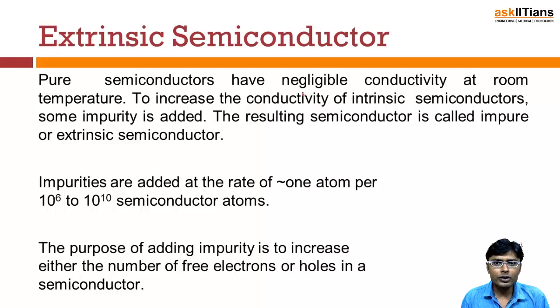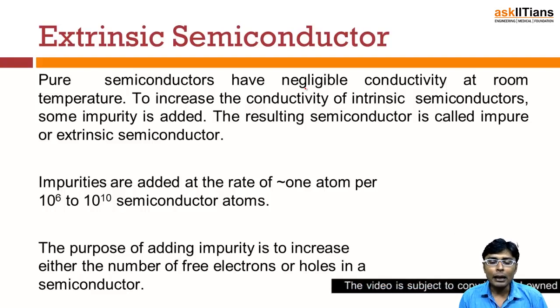Now why? Because at room temperature, almost all the valence electrons of the silicon atoms are bonded with the neighboring silicon atoms. That means at room temperature we do not have free electrons for conductivity.